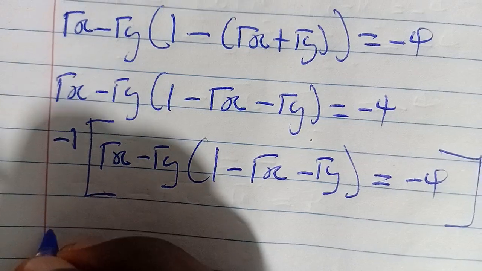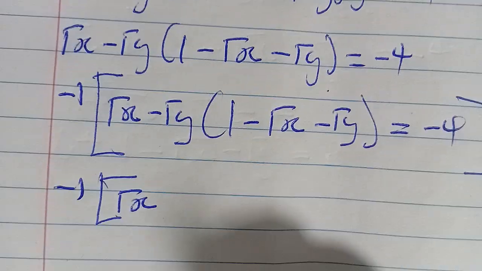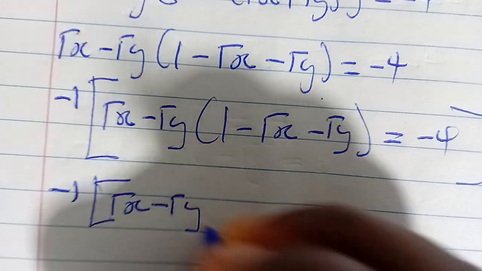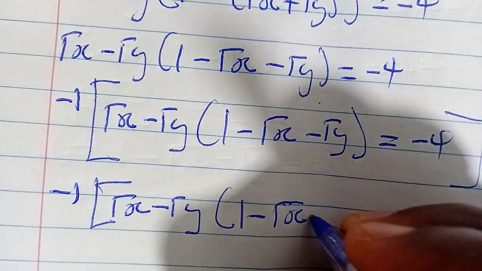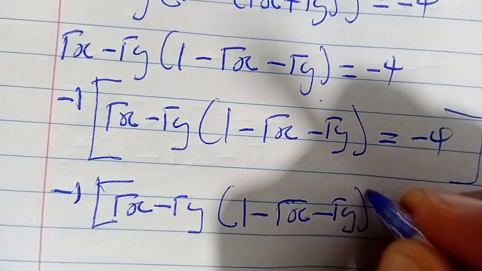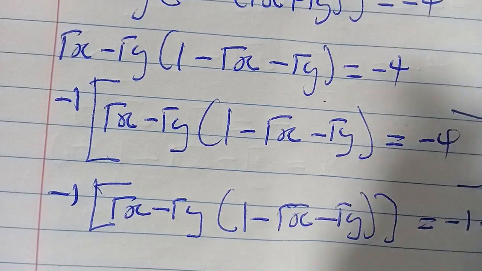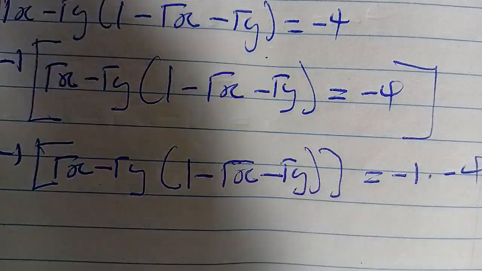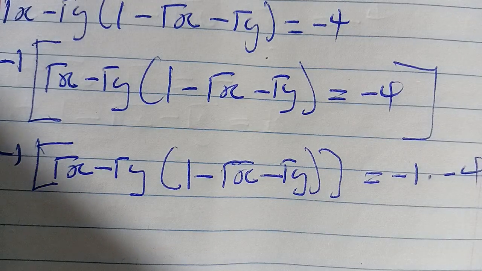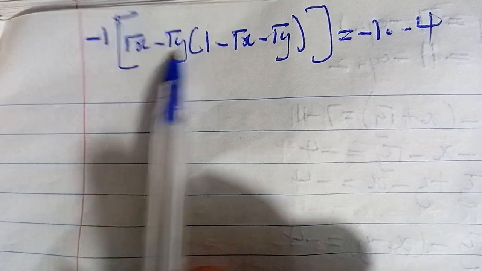So we're going to have minus 1 multiplying root x minus root y, equal to minus 4 times minus 1. Can you see that? All right, so let's continue. So I've rewritten it here.